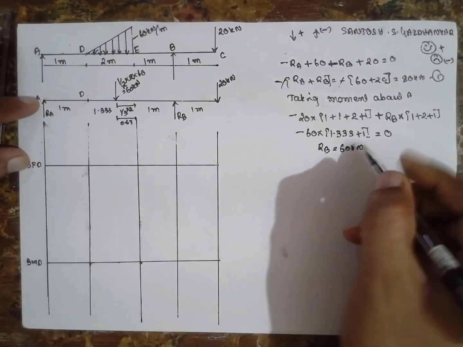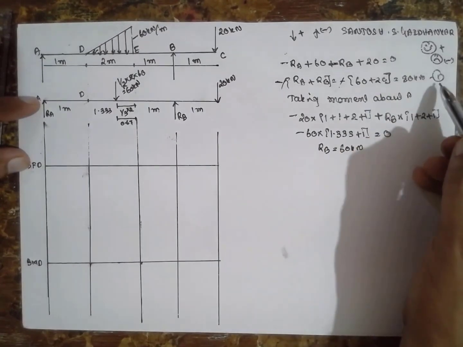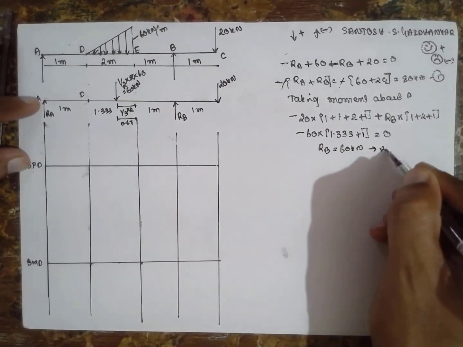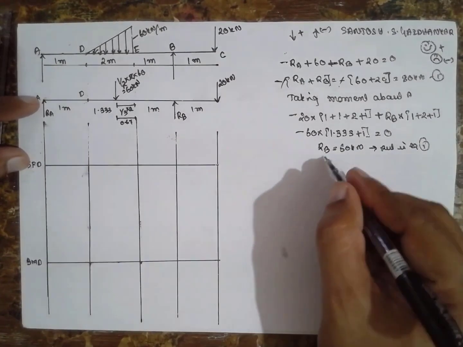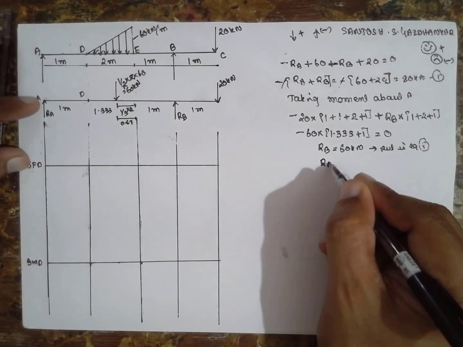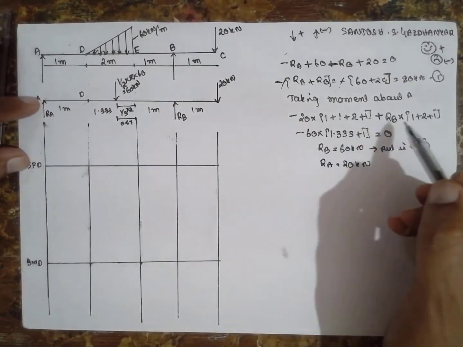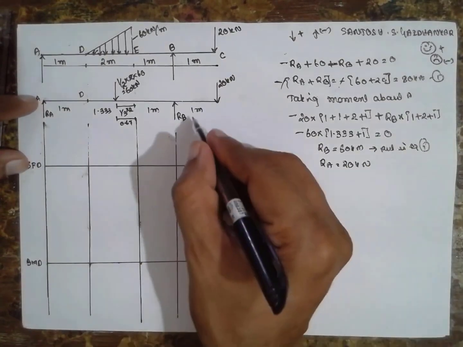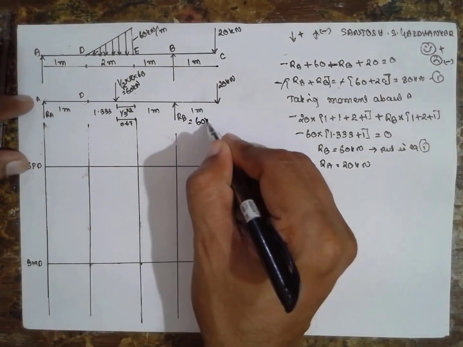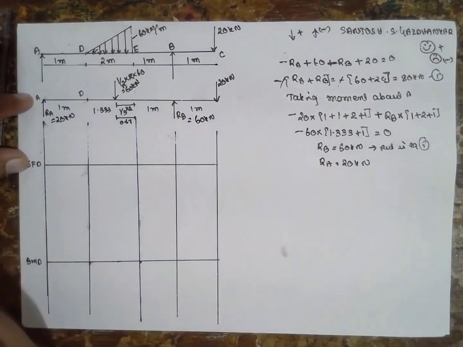Now this value has to be put in equation 1. You will get RA is equal to 20 kilonewton. Now we got the RB value as 60 kilonewton and RA as 20 kilonewton.